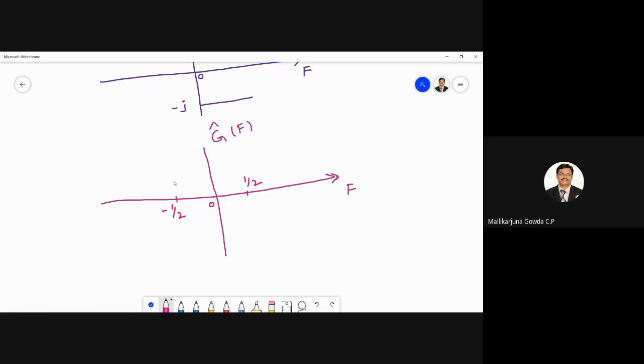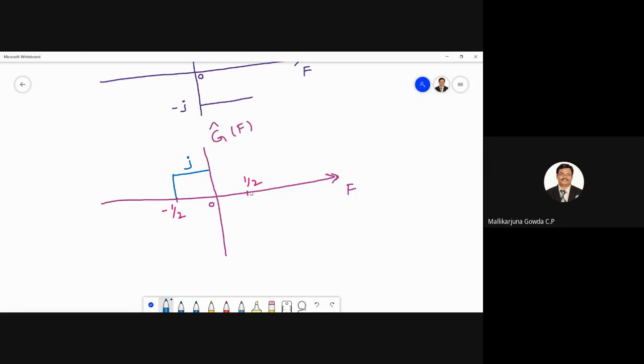So 1 into j is j, right? So I can draw it like this, a rectangular pulse of magnitude j.